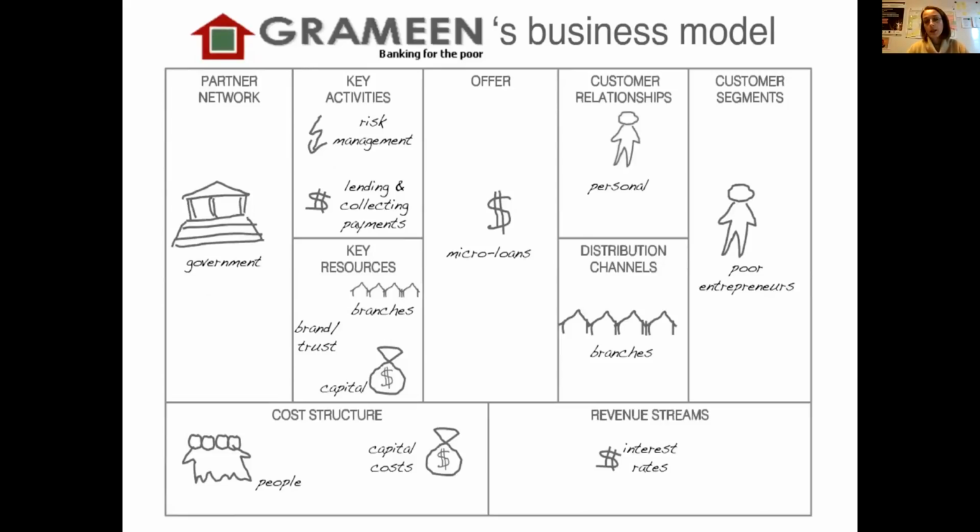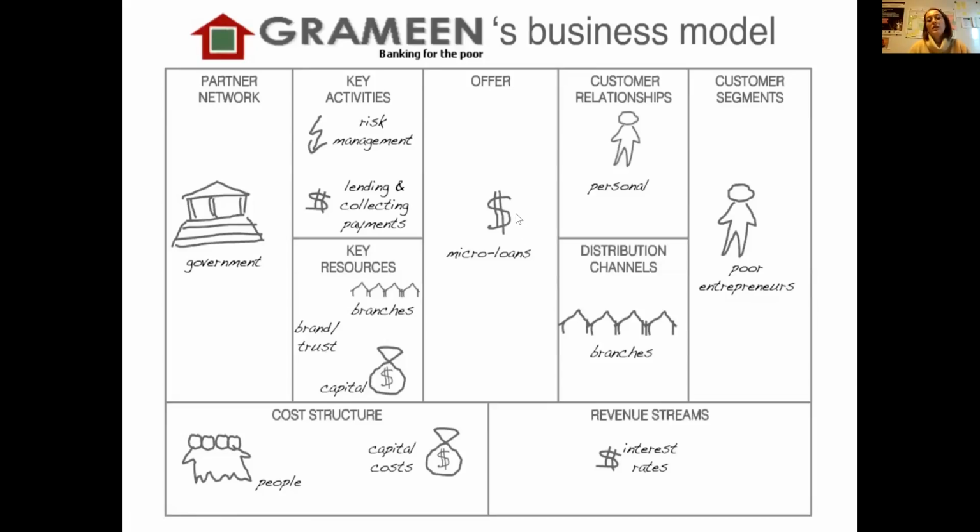And the business idea is the creation of a microcredit model for poor entrepreneurs and poor people for the purpose of fighting poverty. So let's have a look at the simplified business model of this idea.